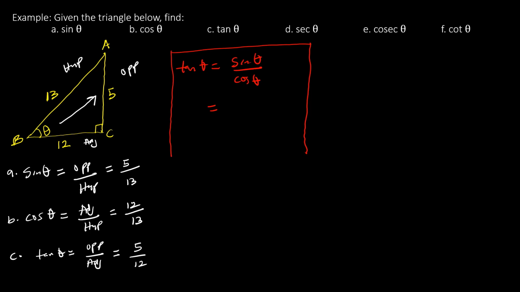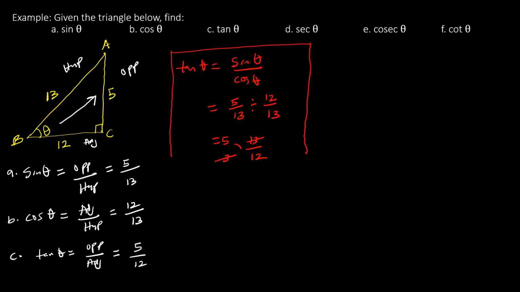Sin theta equals 5 over 13 divided by cos theta, which equals 12 over 13. This is 5 over 13 multiplied by 13 over 12, and we cancel out to have 5 over 12 as our tan theta. So we can see here that tan theta equals sin theta over cos theta. So let's clean this off.